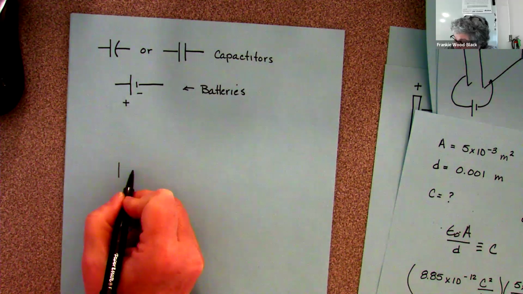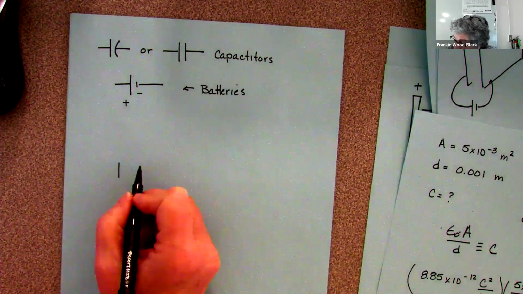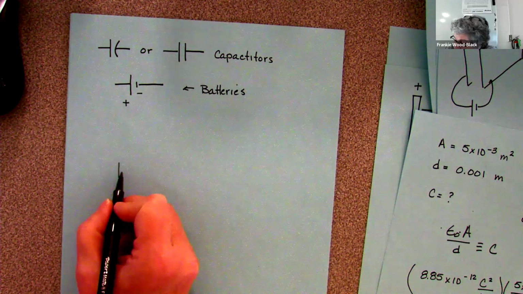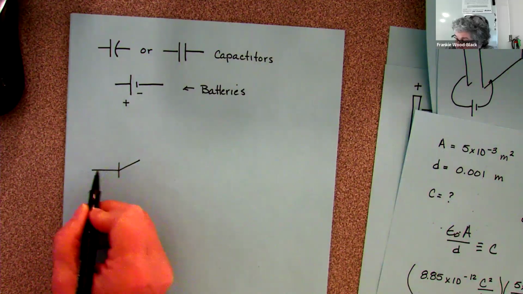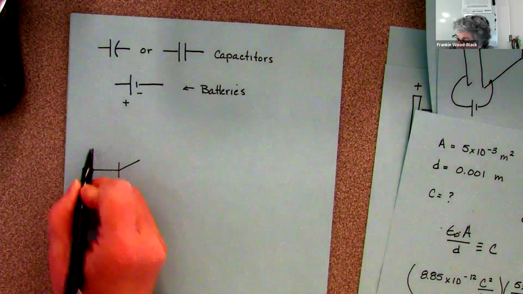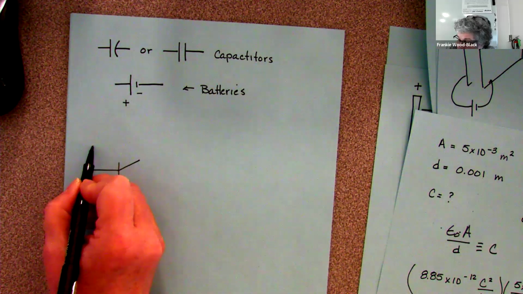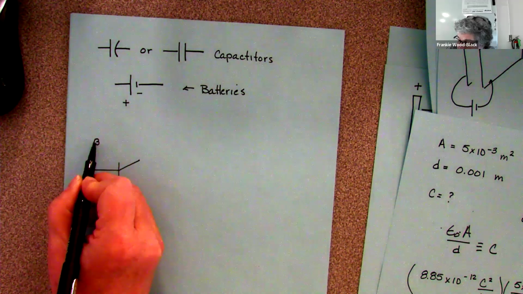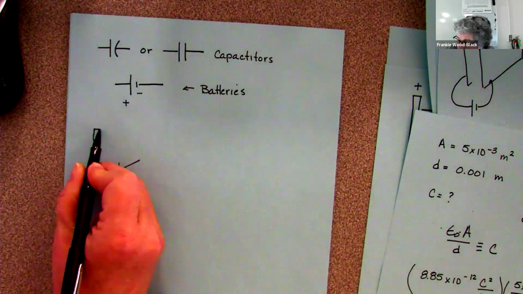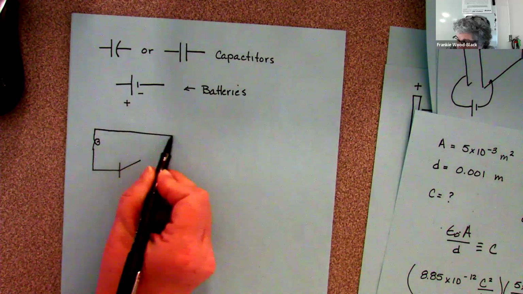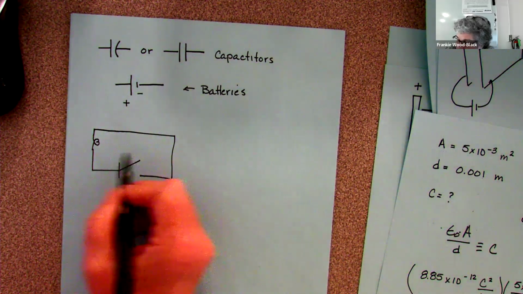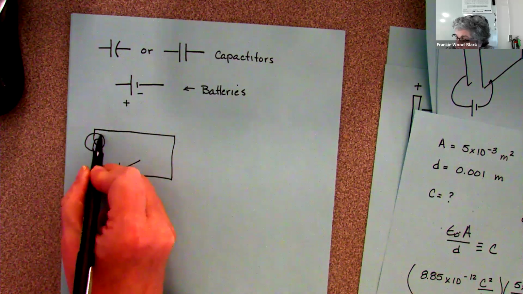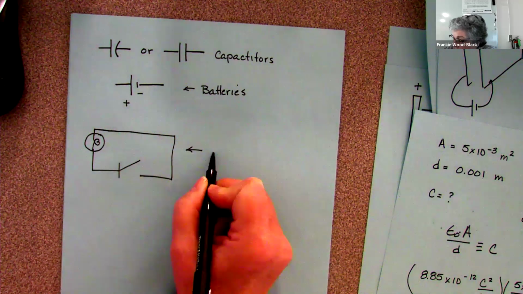We usually have a switch, and we have our wire come in, and let's say we have a little light bulb here, and this would be our circuit. This is a light bulb, and this is a generalized circuit.